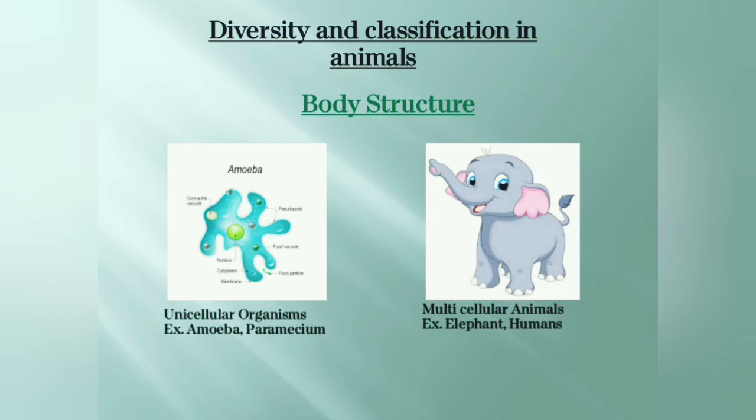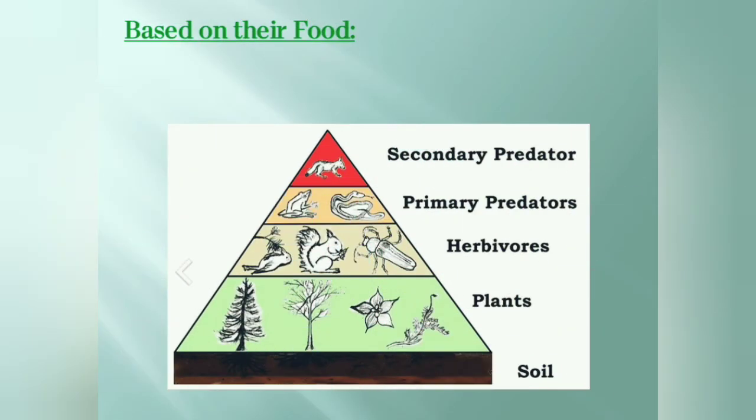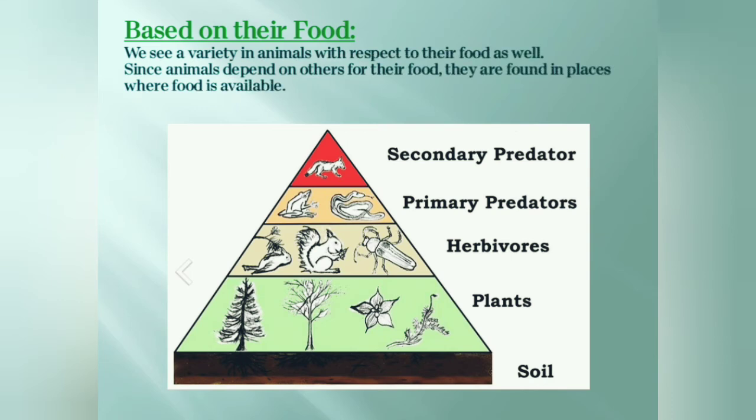Okay. Now, the next one is based on their food. We see a variety in animals with respect to their food as well. Since animals depend on others for their food, they are found in places where food is available. Now in this chart you can see that there is soil.